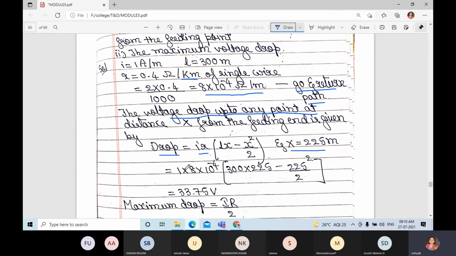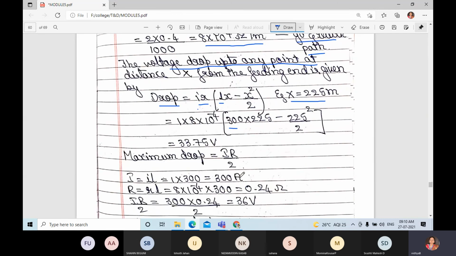We know the value of I, 1 amp per meter, and R value, 8 into 10 to the power of minus 4. X value also we know. L value they have given in the question, 300. Just substitute and you'll get 33.75 volts.